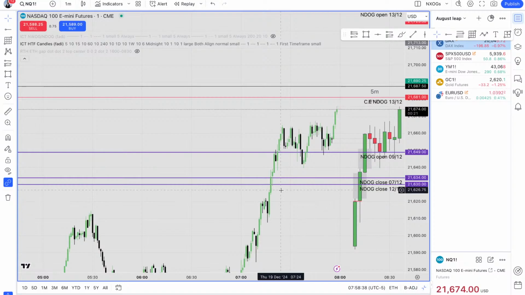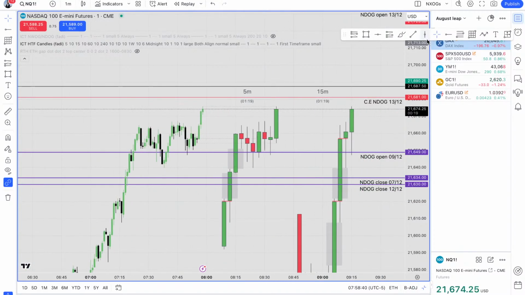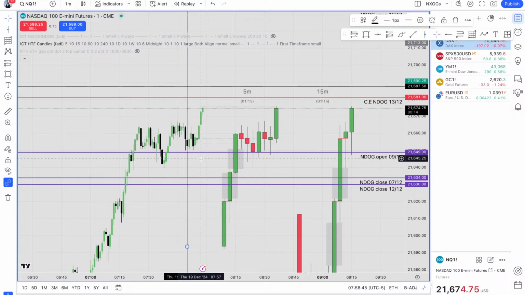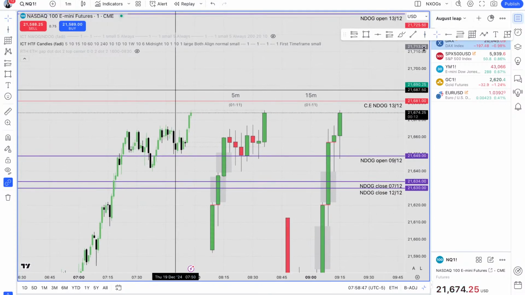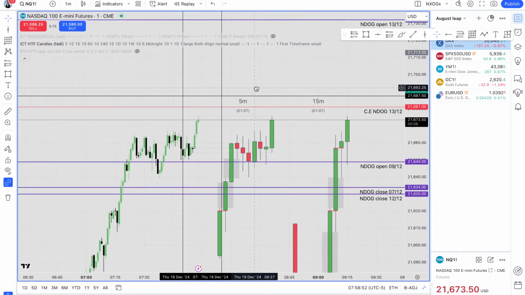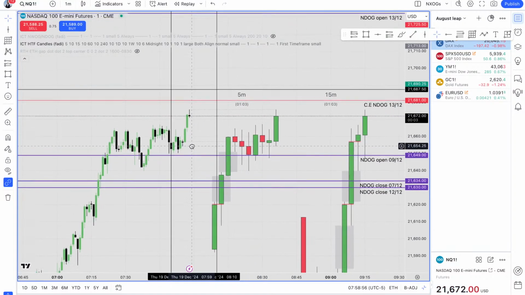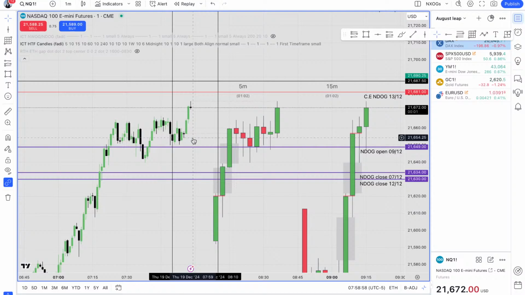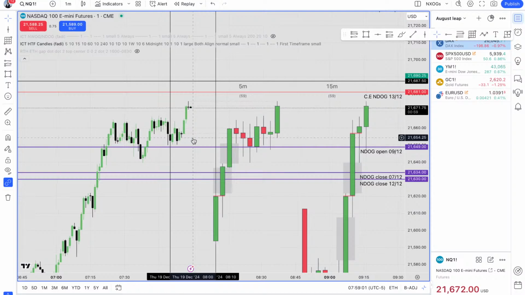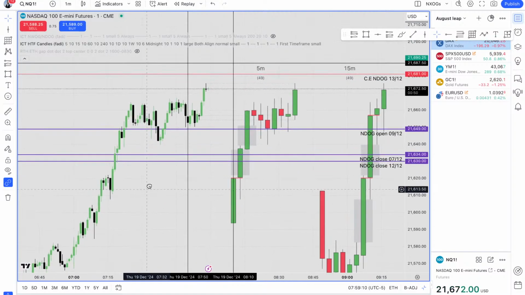So let's draw the micro time where we have to enter. It's from 7:50 until 8:10. So this is the window to look for setups in. It really restricts you to follow your rules, to be precise with your entries, because we can enter at any time.